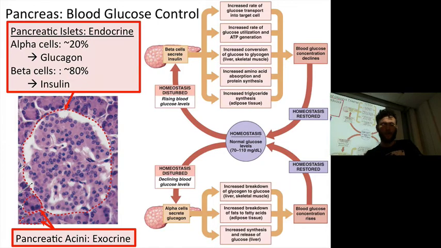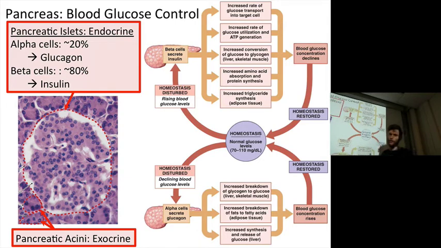All right, pancreas. And this is a good one slide to transition to the GI tract. So there are two tissue types in the pancreas. One tissue type is endocrine in nature, and the other is exocrine.